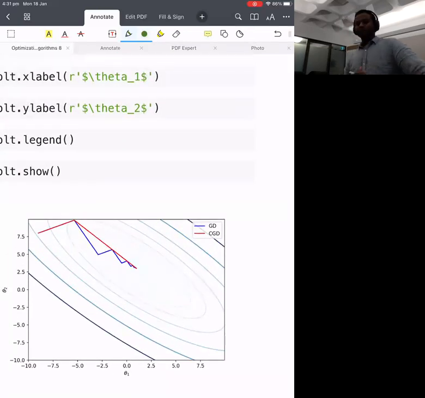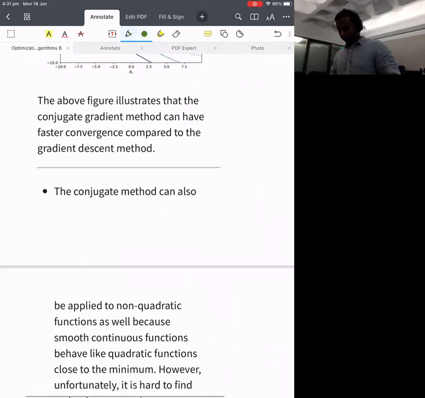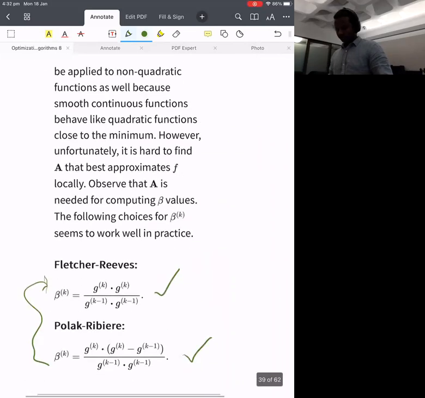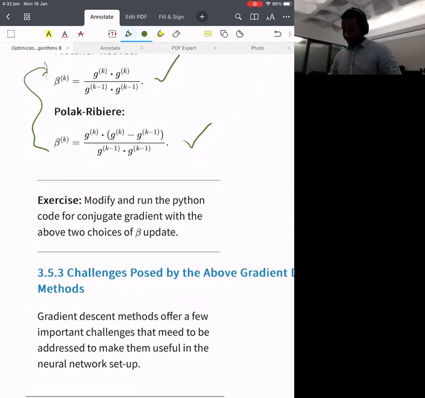Surprisingly, it converges in 2 steps. For a quadratic function of dimension n, and here we have dimension 2, it converges in n steps. That is a well-known fact and an advantage. But again, it applies to quadratic functions, and when it comes to non-quadratic functions, it's a tricky job.